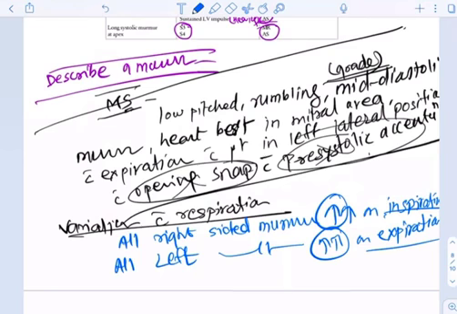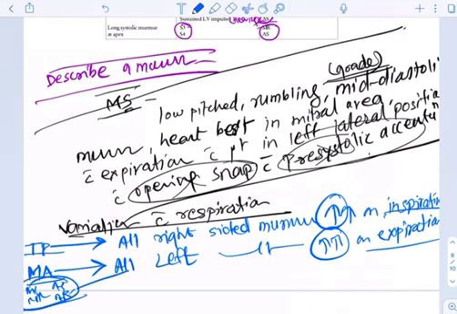So without anything, the murmurs of tricuspid and pulmonary valves will increase on inspiration, and murmurs of mitral and aortic valves will increase on expiration. Whether it is MS, MR, AS, AR, whichever lesion it is, the murmur will always be accentuated in expiration if it is left sided, and the same is true for tricuspid and pulmonary valves. It will increase in inspiration. So this is a basic rule.